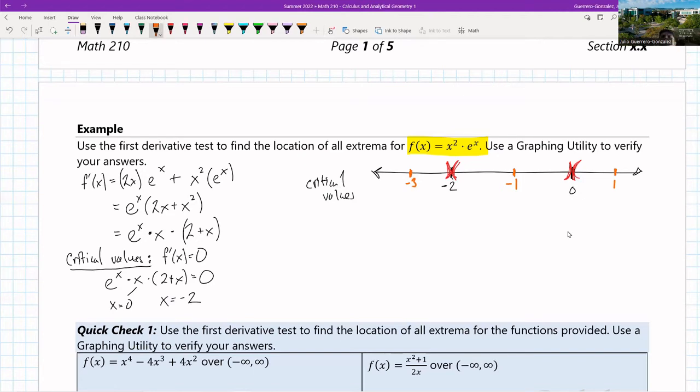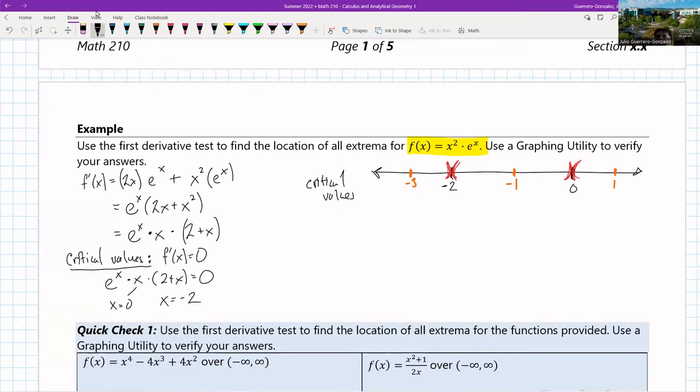Okay, so we have our representative values. I have my number line created here, okay? And what I'm going to do is plug in these representative values into the derivative, and we're going to analyze the sign of the derivative at those values.